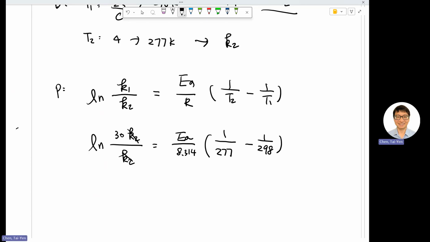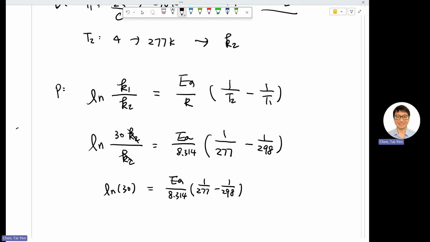Therefore, you end up with natural log 30 equals EA over 8.314 times 1 over 277 minus 1 over 298. Up to this point, the only unknown in this equation is your EA, so your job is to push the buttons correctly on your calculator.